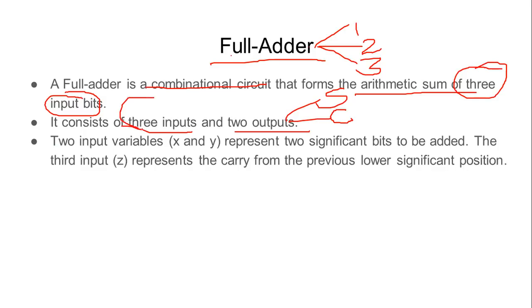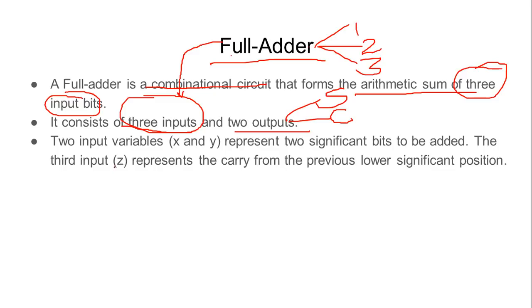So how are these three input variables coming in the case of full adder? Maybe in the later sections, when I describe how binary arithmetic works, how addition of two numbers is done, or how adders or subtractors work, you will get to know the application of this full adder there.